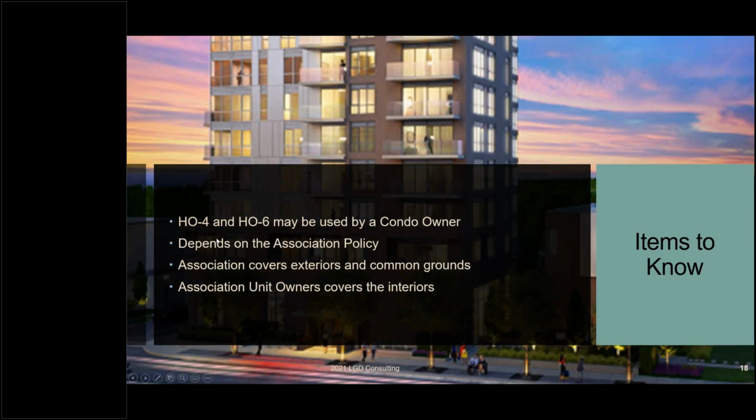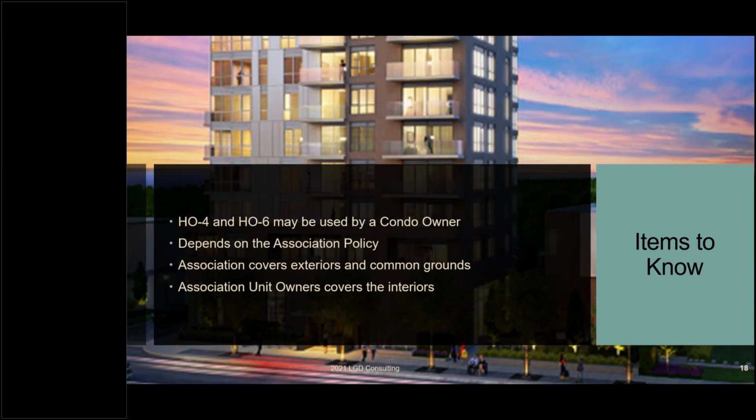If you do own a condo, you can actually go to an HO4 or, more commonly, an HO6. Either one, you can use if you own a condo. HO6 is the better one. This situation depends on your condo association policy, which could have two parts.